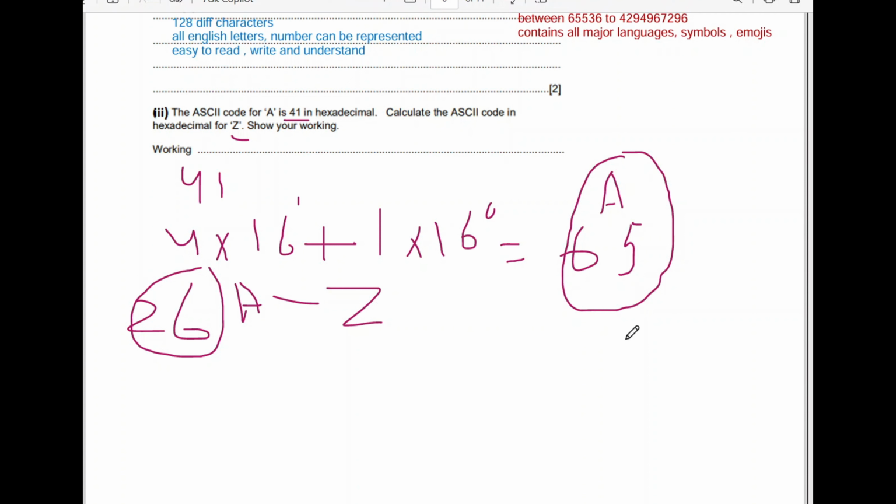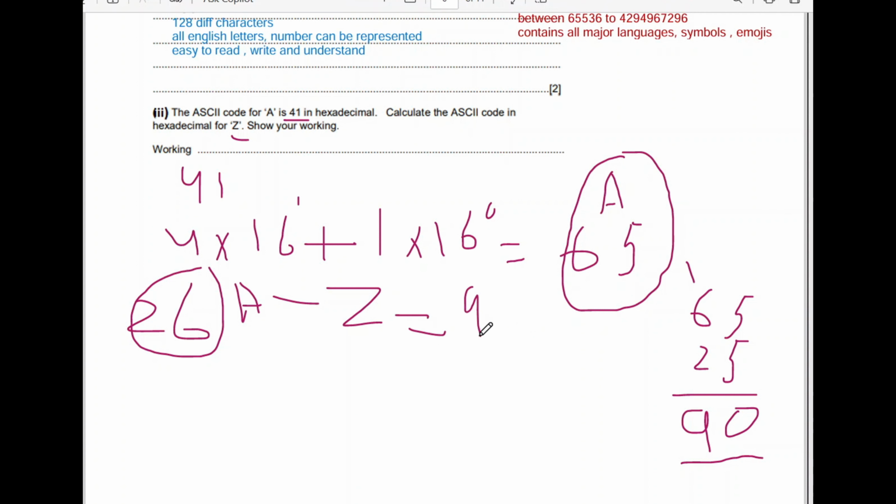So if I add 65 with 25, because the first letter I know the answer, it's 65, so I've been left with 25 letters. So 5 plus 5 is 10, 6, 7, 8, 9. So the decimal value for Z is equal to 90, right? This is the decimal value.